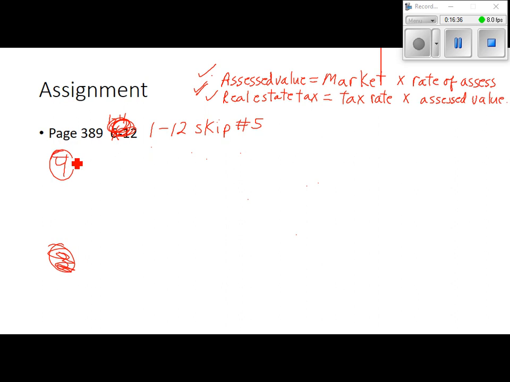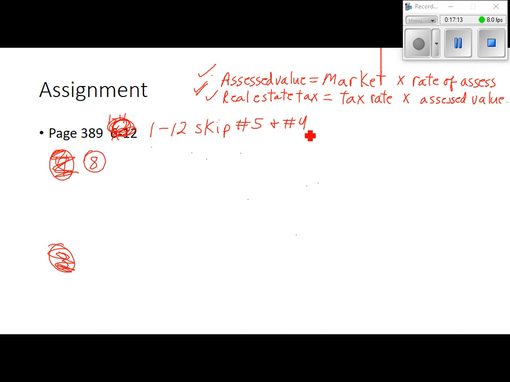I didn't realize that they were working backwards on this. Let's jump to one of the word problems. We'll do number 8 together. So you're going to skip number 4 also. These other problems are basically going to be the same thing that we did in 1, 2, and 3.